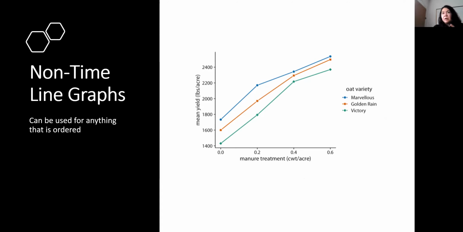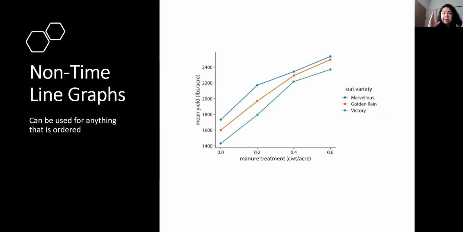Those of us who are doing more stats, obviously you'd recognize this kind of line graph as something that we often do for ANOVAs to show our interactions. Again, we'd have to do some extra setup to be able to do that easily in Tableau.